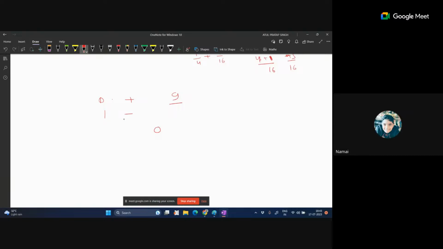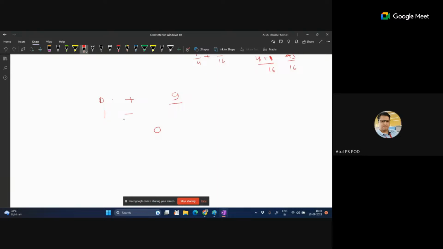So what will be the value? 2 to the power 9 is 512, minus 1. Okay, so 511. So this is the positive side range.